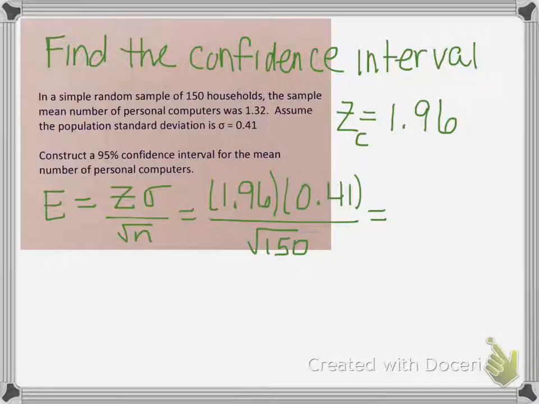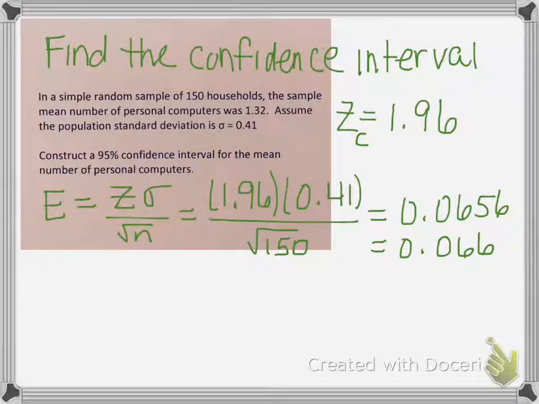We're going to plug this into our calculator. We can do it all at once, and we get a number that looks like 0.0656. I'm going to round this off to 0.066. Just be careful where your instructor wants you to round. So we're almost done. Our last part is to build our confidence interval.